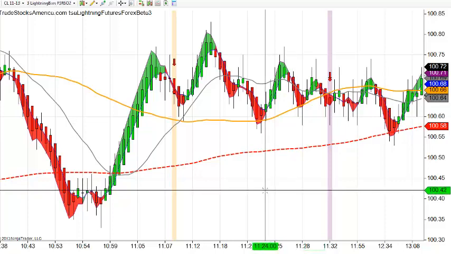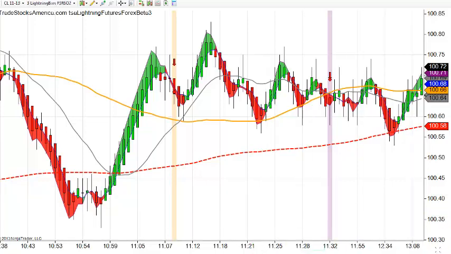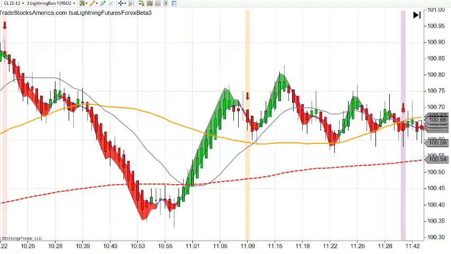The lightning bars are more timely in terms of the tops and bottoms, which is always something we're trying to improve as far as the timing. It's good to have another chart next to this one. So if you're trading CL, for example, I usually have a 1 minute chart next to it. I spend most of my time looking at this chart as opposed to the 1 minute, but the 1 minute gives me an overall glance or overview of what's happening in the market.